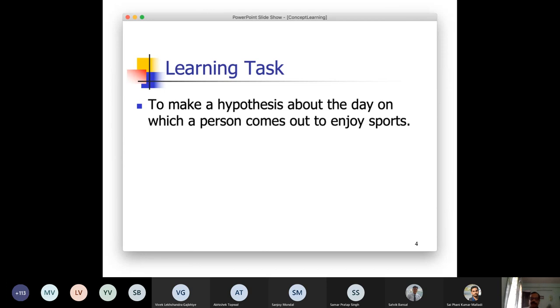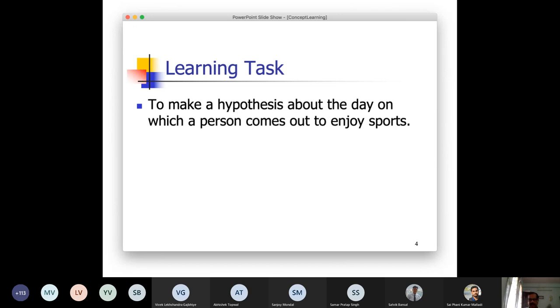Now, you have to make a hypothesis, which is the representation of what you are going to learn.